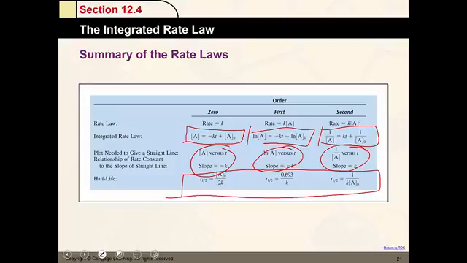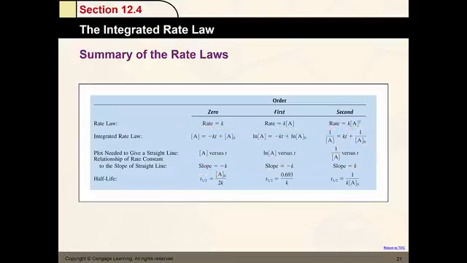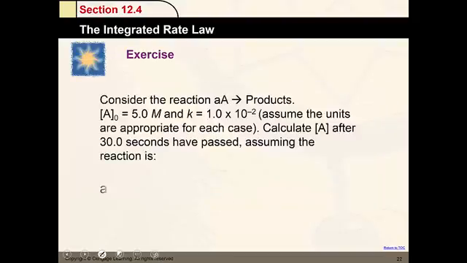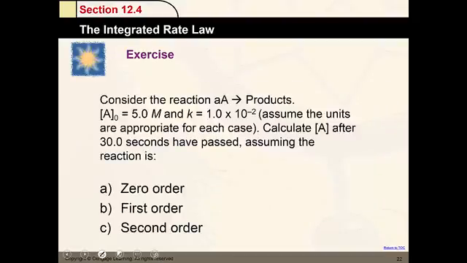You should be able to come up with a rate law on your own and then figure out via a graph what order the reaction is, but you will be given all these equations to work with.